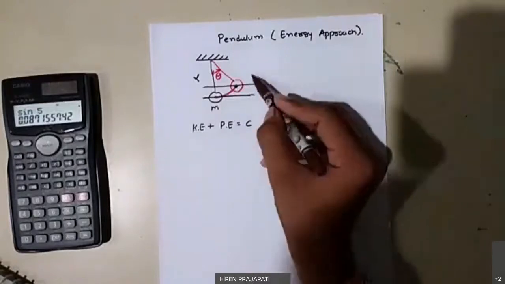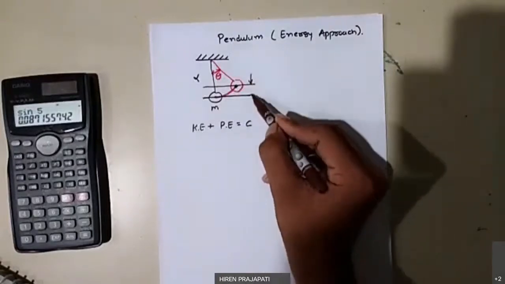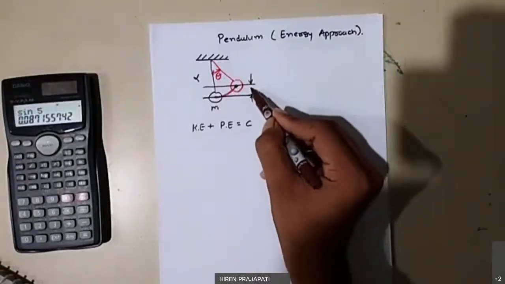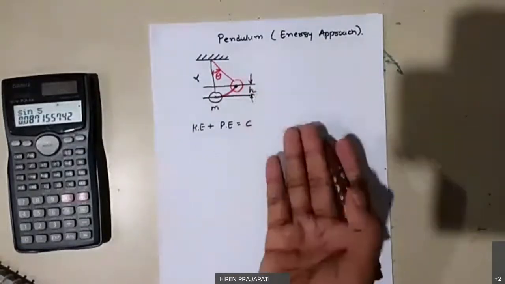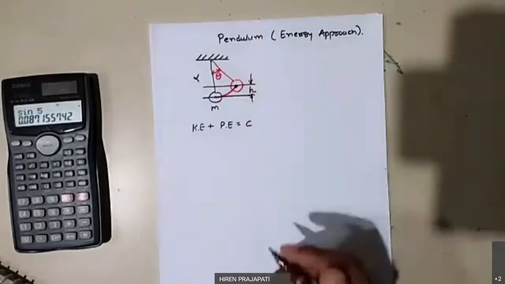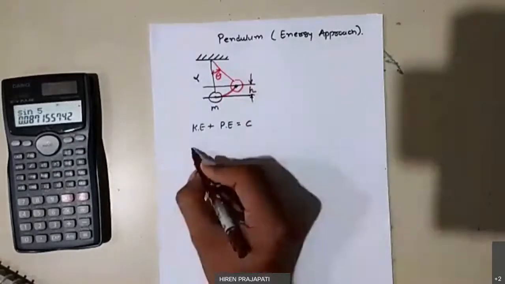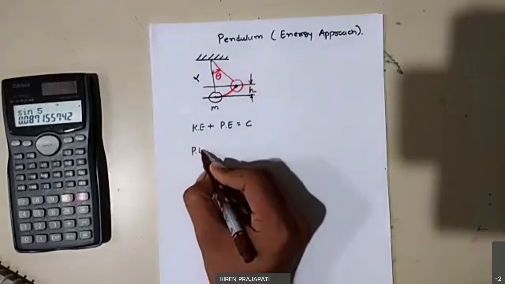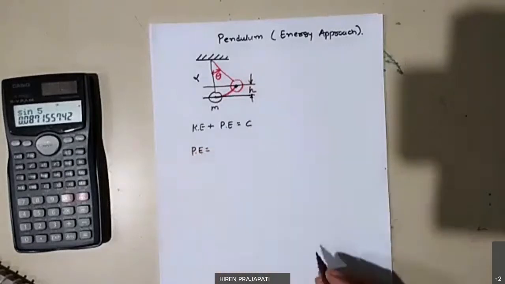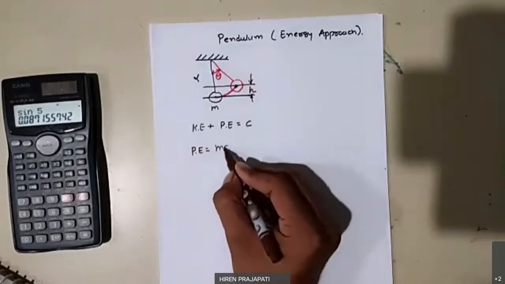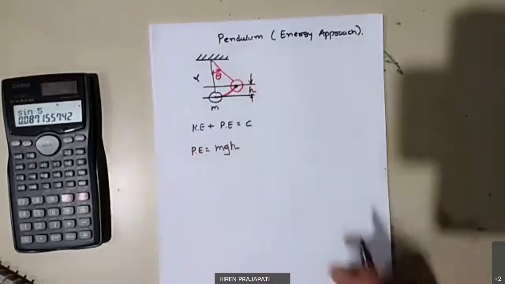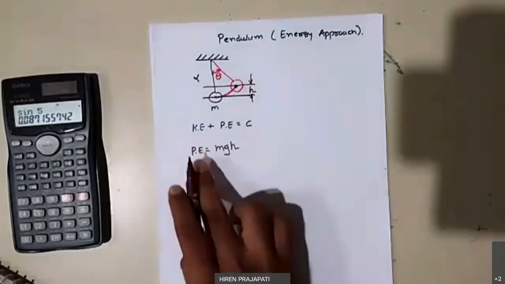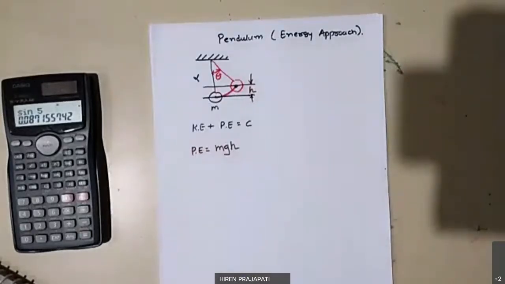Then what will be the potential energy, because we have given some height h, right? So we know when we give some initial height from the ground, the body always has some potential energy. The equation for that potential energy is mg, meaning the weight of that body, into height h, right? This is the potential energy equation, right?